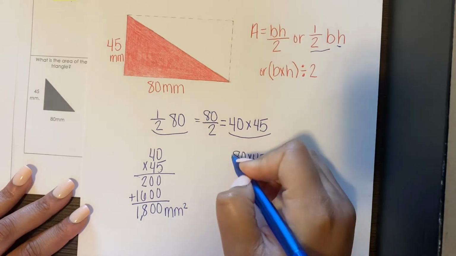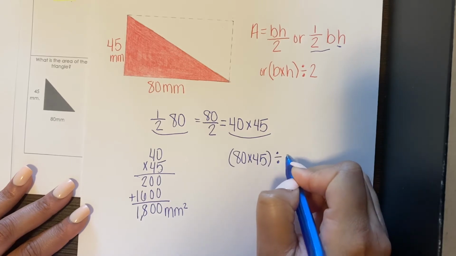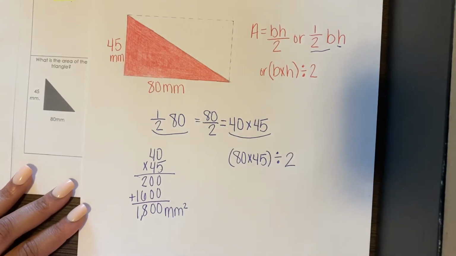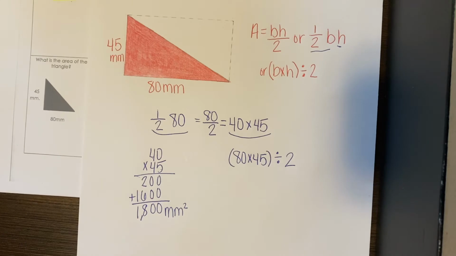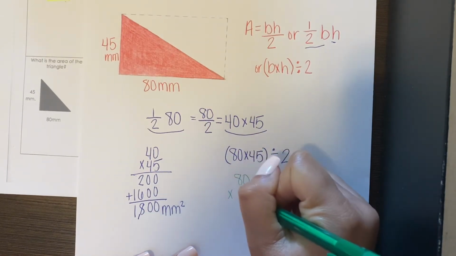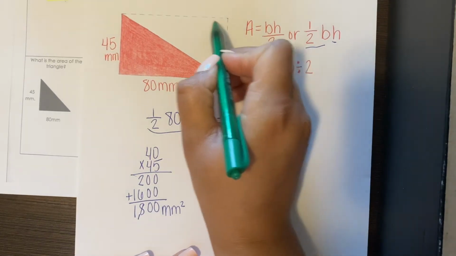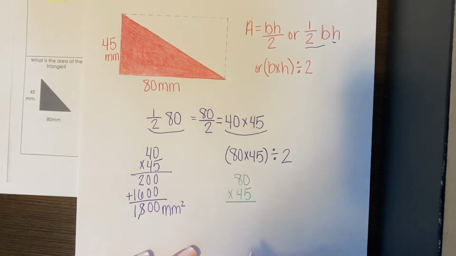And then you're going to take this and divide it by 2, because we want to split it in half. So if I do 80 times 45, I'm going to get the area of the whole entire rectangle that I have up here. That's going to be the whole area.